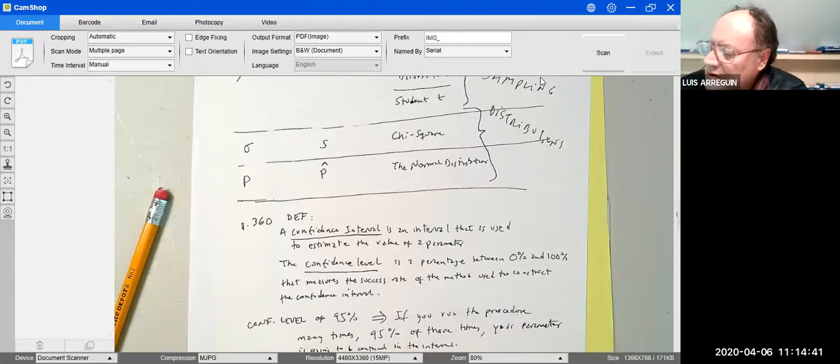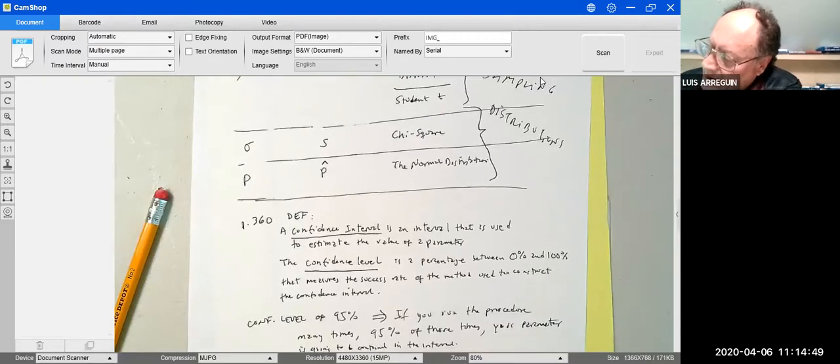Or in other words, 95% of the intervals that you're going to find are going to contain the true parameter. So that's another way to say that.